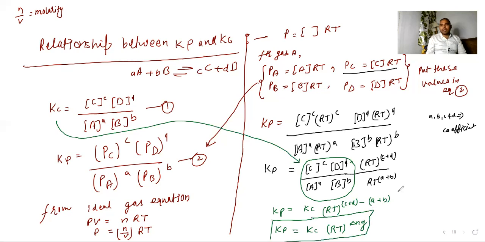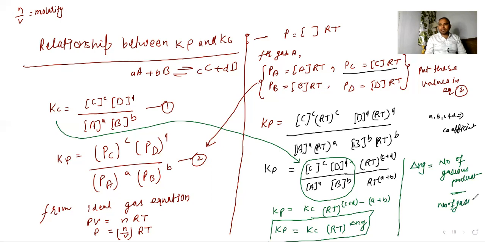Now we have to define delta Ng. Delta Ng means the number of moles of gaseous product minus the number of moles of gaseous reactant.